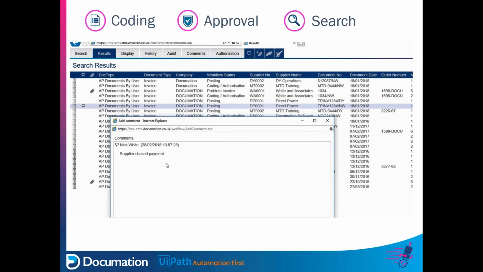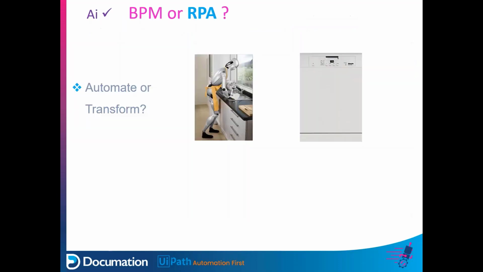And along the way, if we've captured any comments from our own team or from our suppliers, those are visible too. So BPM is giving us a workflow process that gets rid of paper. It puts the invoices on the desk of the individual online, and it joins together the robotic activities.